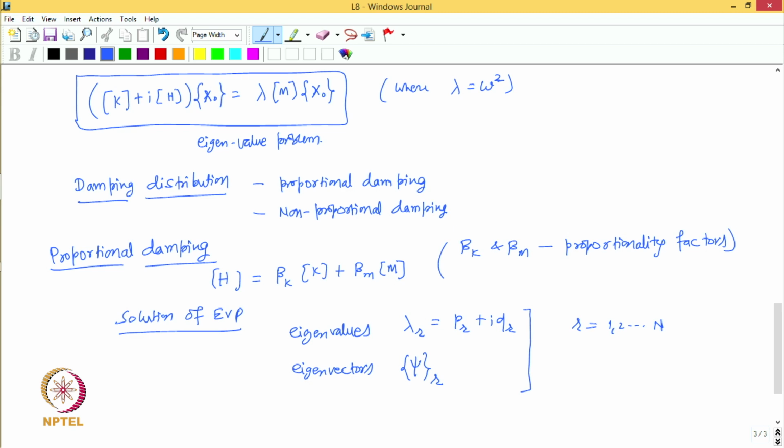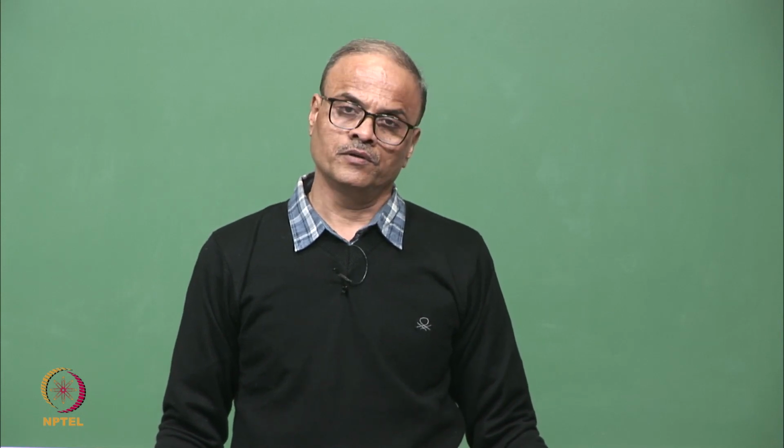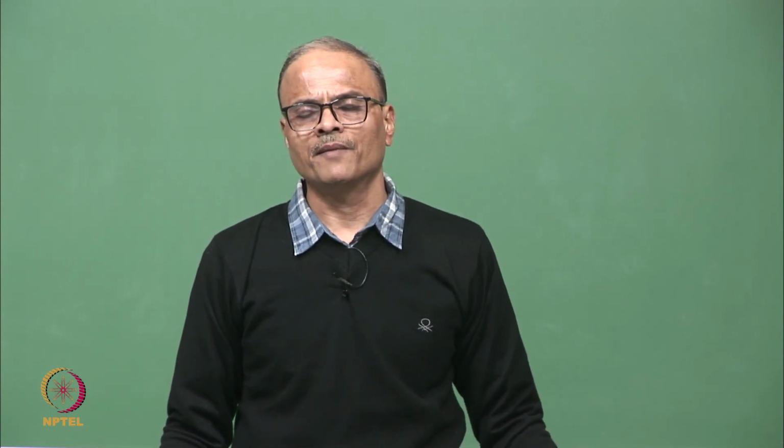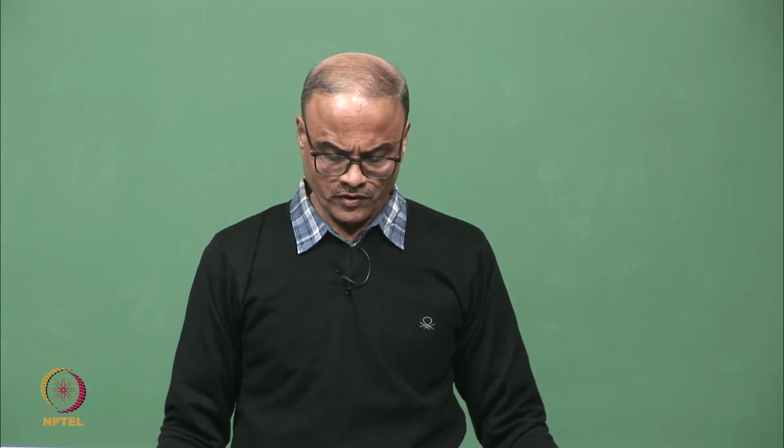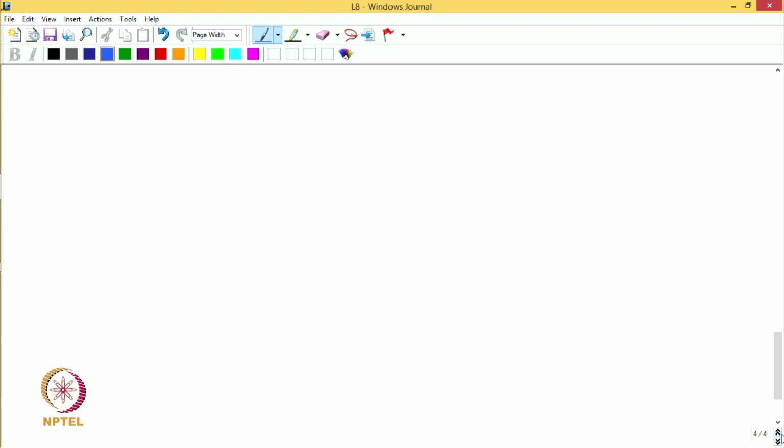Now, what are these p r and q r and psi r? Do they have any relationship with the characteristics of the corresponding undamped model? Before we answer that, let us first look at the orthogonality properties for this system.